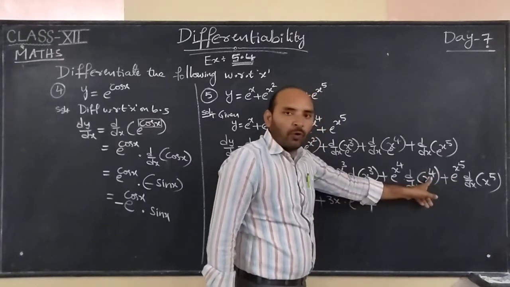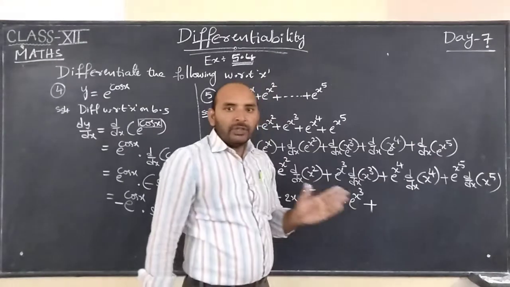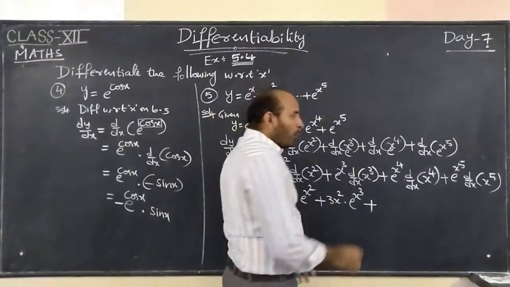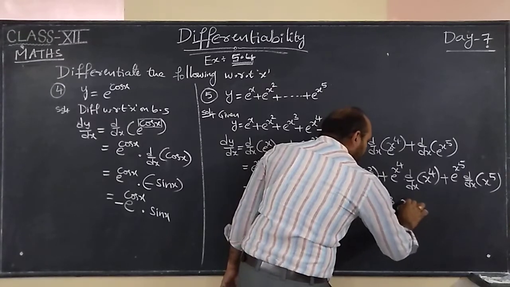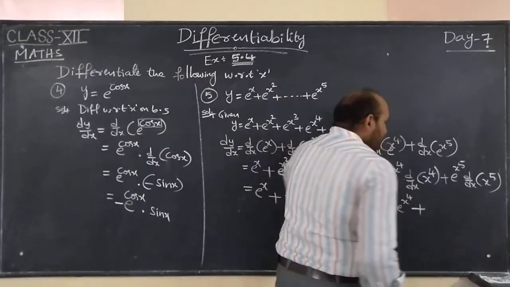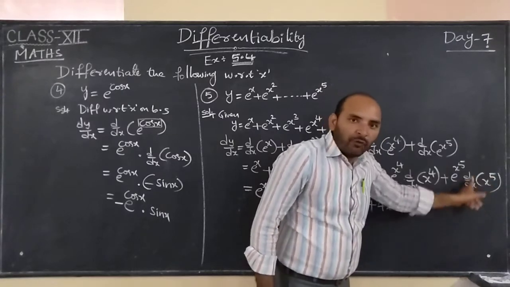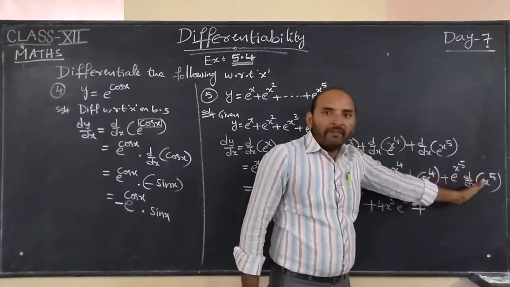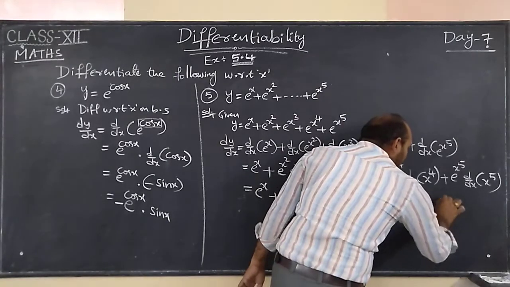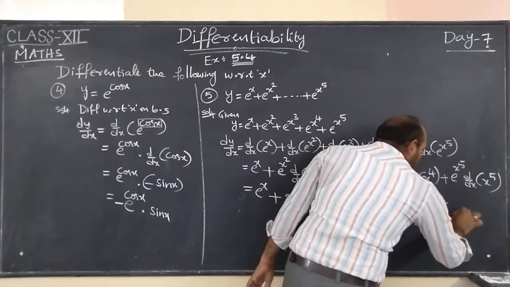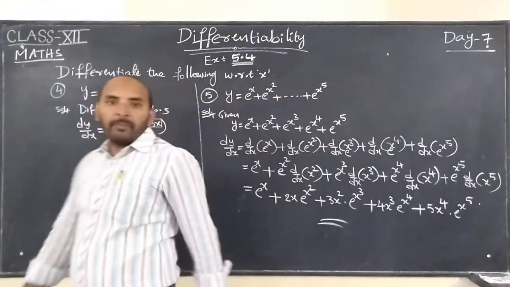Here n is equal to 4, so n into x power n minus 1, 4x cube into e power x power 4, plus derivative of x power 5. Here n is equal to 5, so 5 into x power 5 minus 1, that is 5x power 4 into e power x power 5. This is the solution of problem number 5.